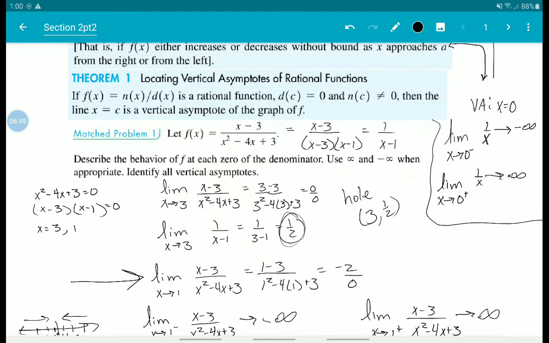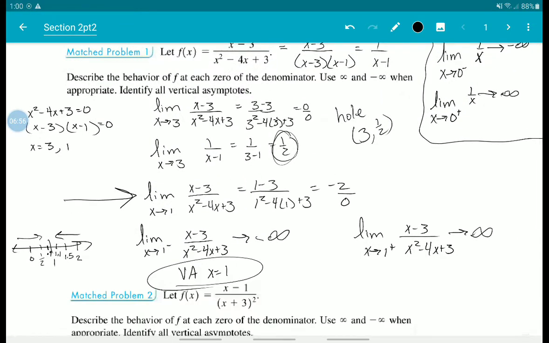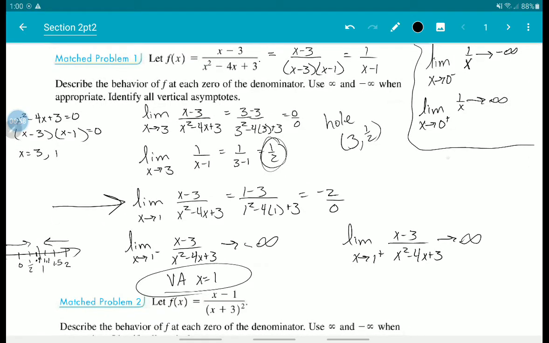So this is where that rule from 171 really comes from. An equivalent way of saying this theorem. Let me see if I can find a place to write.